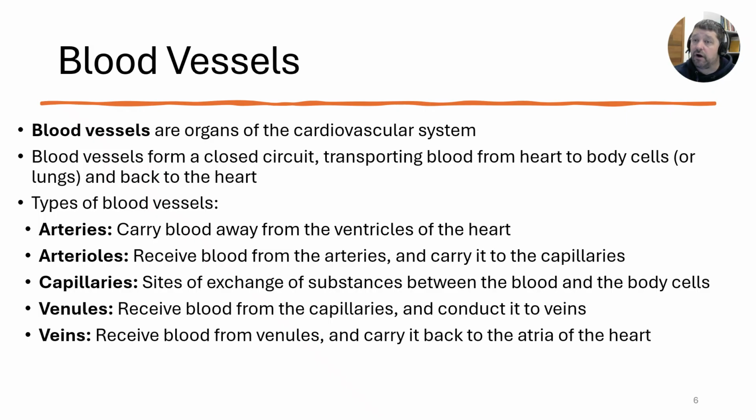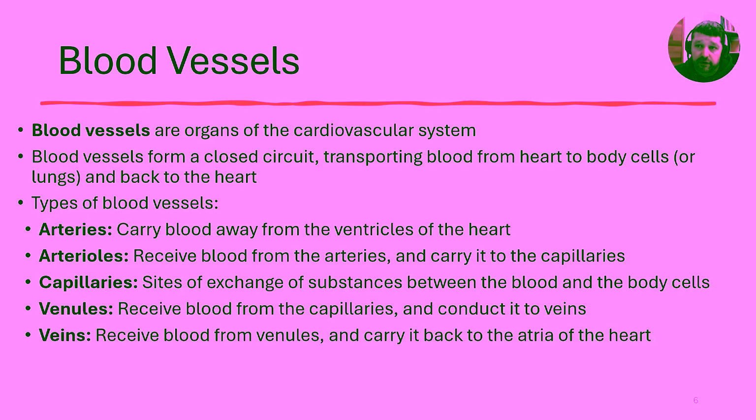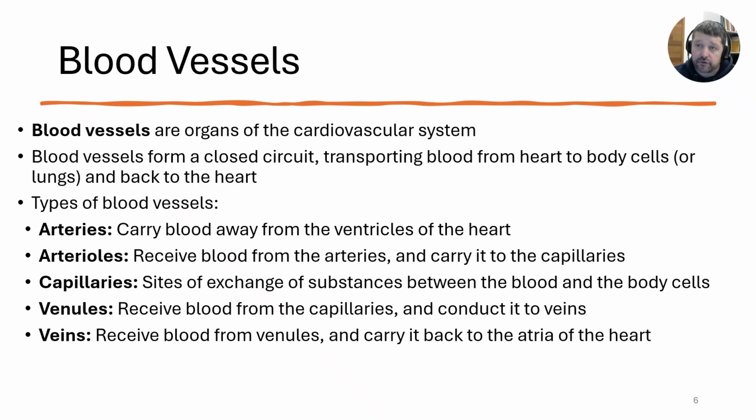Okay, and so often this is an oxygen transfer and a carbon dioxide or waste product transfer, but also many other things, nutrients, sugars, ions can be transferred, other waste products besides carbon dioxide like nitrogen, okay, ammonia, these kind of things are picked up. Okay, so the connection between arteries and veins are capillaries.